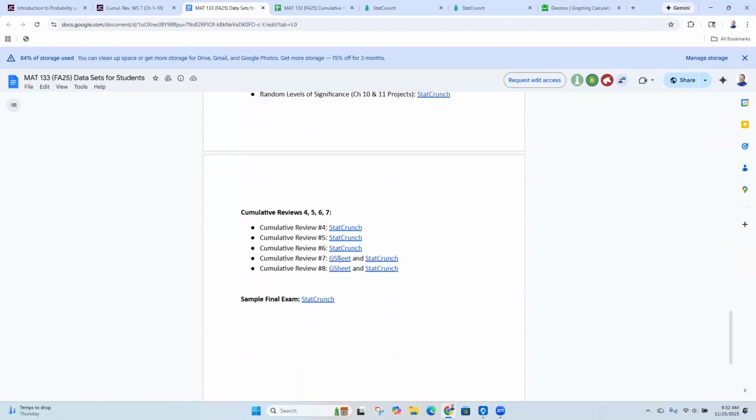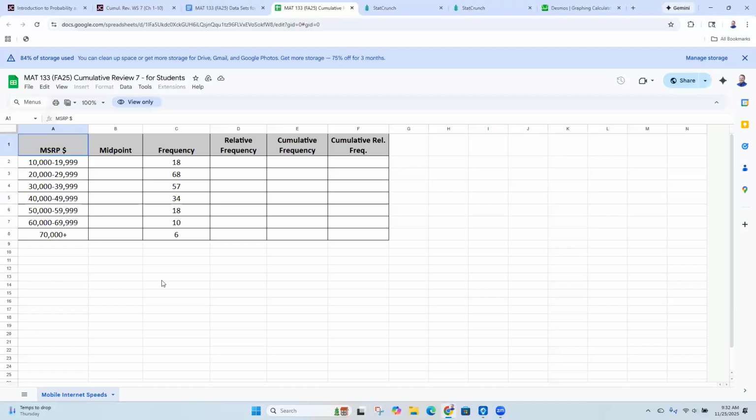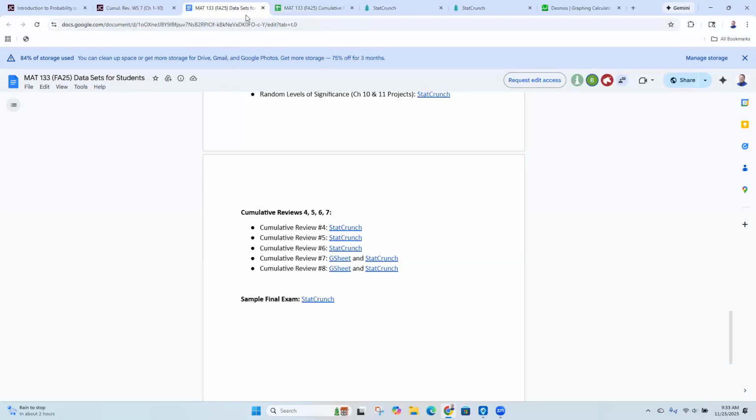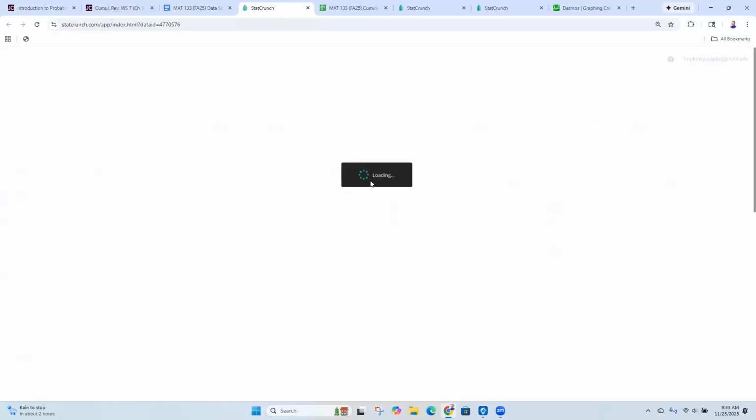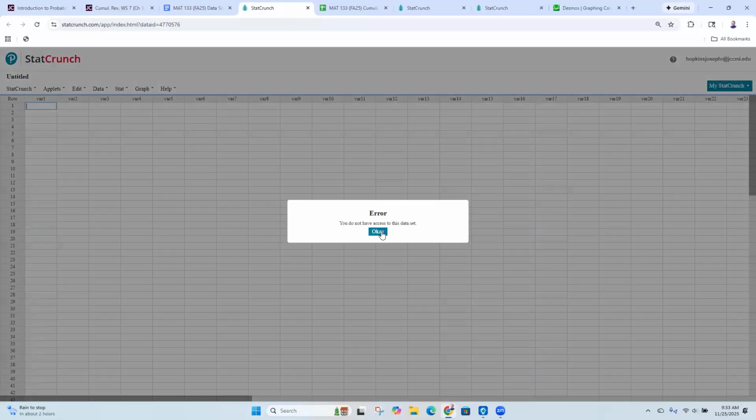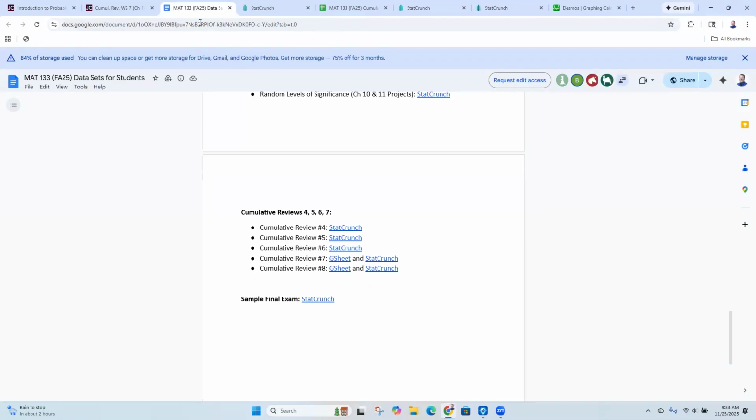You'll click on the Google Sheet, and that'll open up the sheets with all the numbers for question number 1. When you click on this one for StatCrunch, this one wasn't working for me earlier. Yeah, it's still not working for me. So okay, we'll address that when we get to it. But at the very least, we've got the Google Sheet.